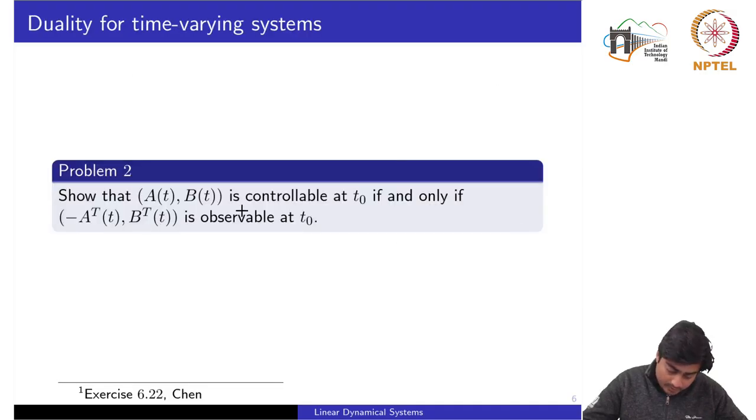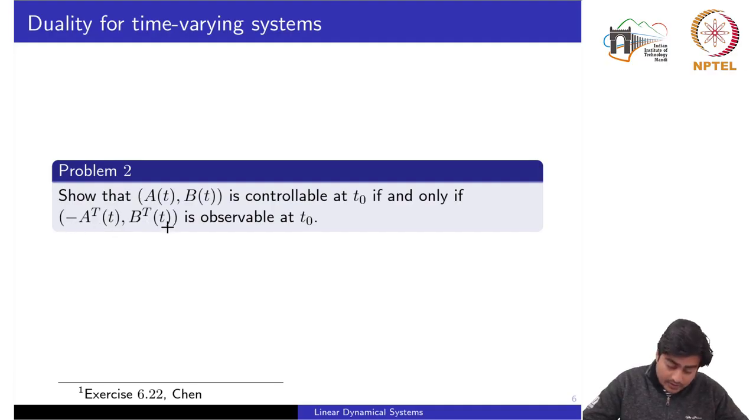The second problem discusses duality. Given the pair A and B, which is time varying, we need to show that the controllability of this pair is equivalent to the observability of the pair minus A transpose and B transpose.